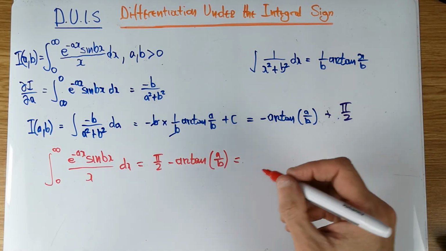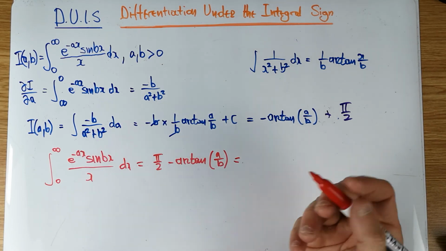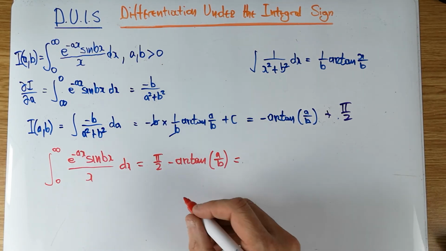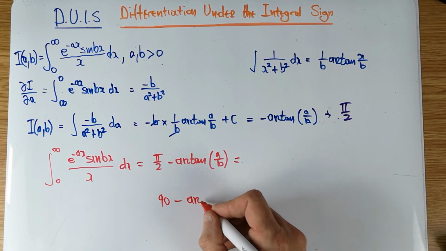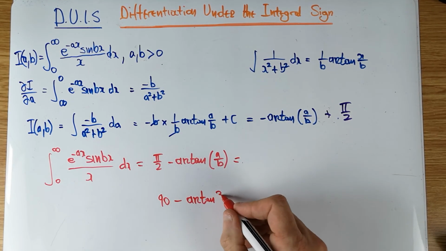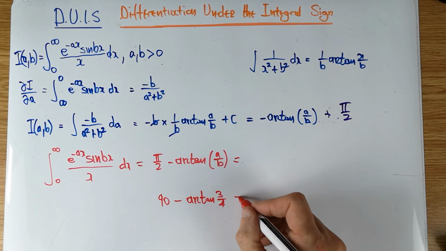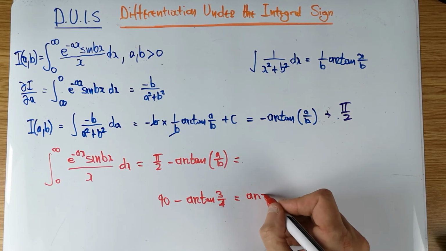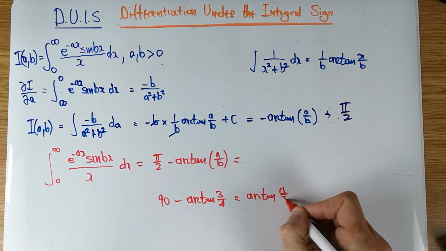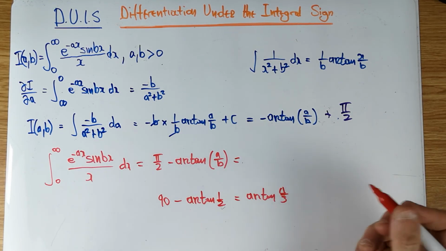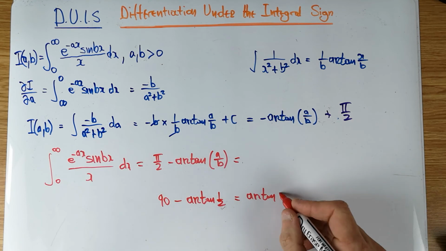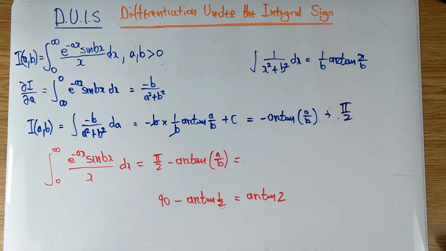Just think of it with some numbers. Let's do it in degrees because it's probably easier to see. 90 degrees take away the arctan of, let's say, 3/4, is the same as the arctan of 4/3. Or 90 take away the arctan of a half is the same as the arctan of 2. Very easy to verify.